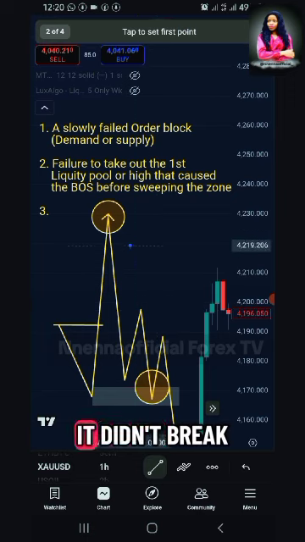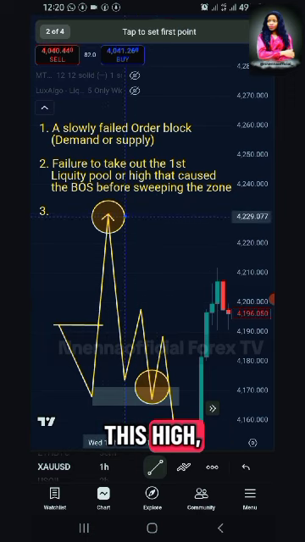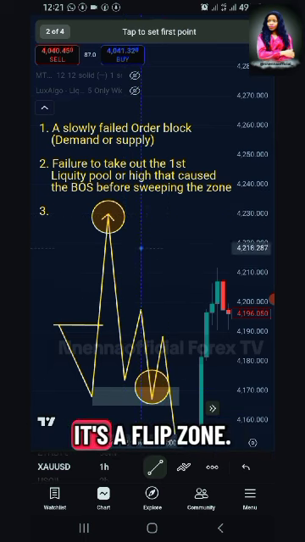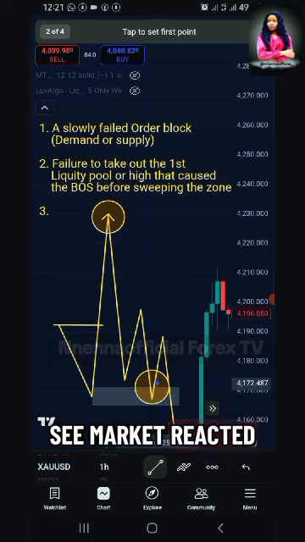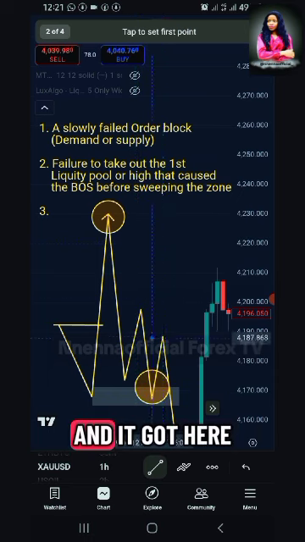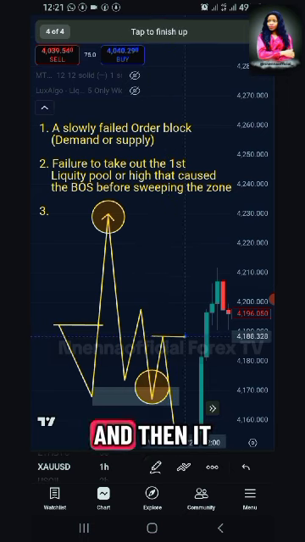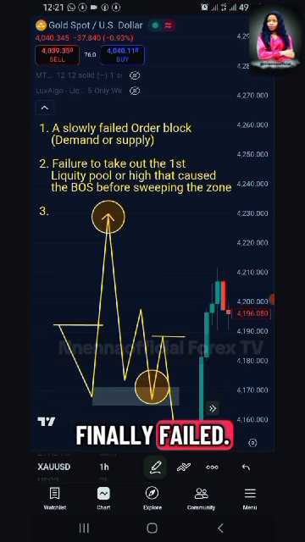The fact that it didn't break this high, the fact it didn't take out this high before failing is what confirms it a flip zone. Now we can see market reacted from this level and it got here. This is where it got to, and then it finally failed.